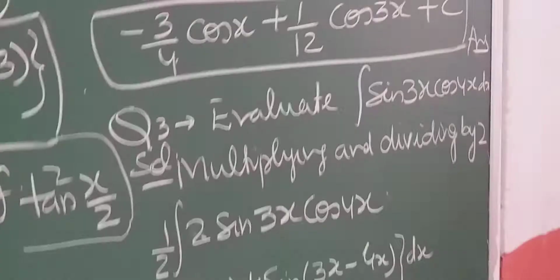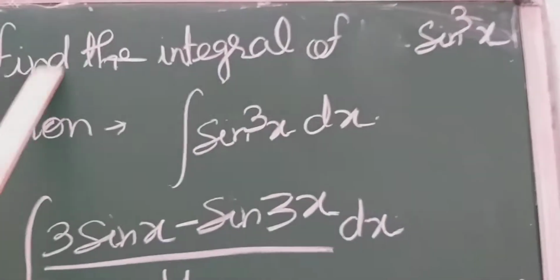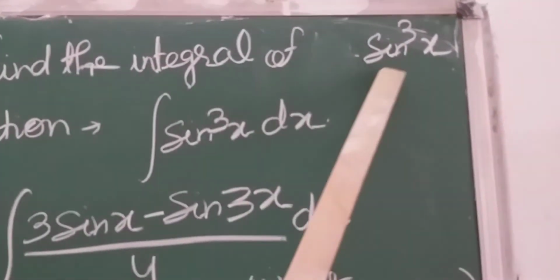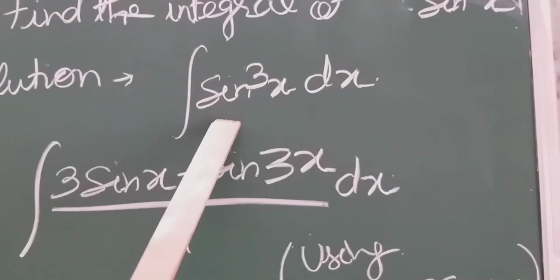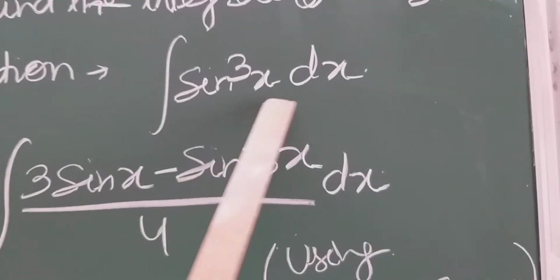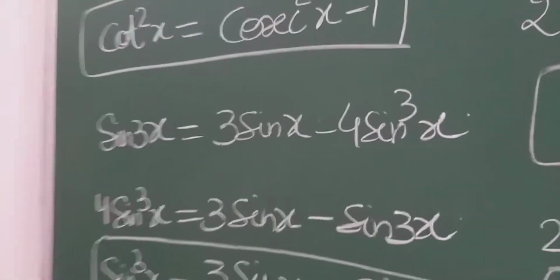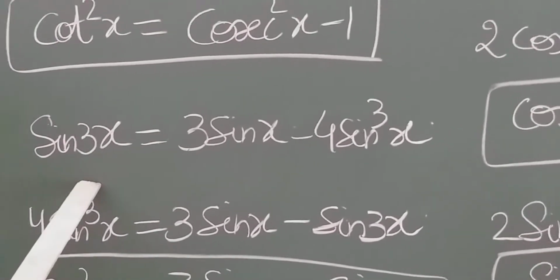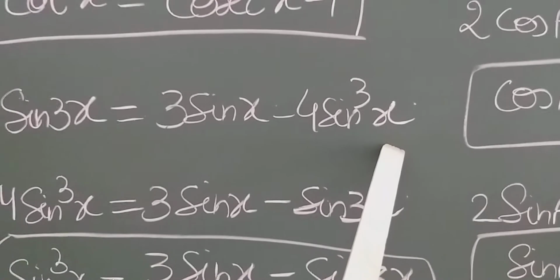Now students, one question of cube. Find the integral of sine cube x. So this is the integration sign, sine cube x dx. For sine cube x dx, we have to use this formula of sine 3x. Sine 3x equals 3 sine x minus 4 sine cube x.